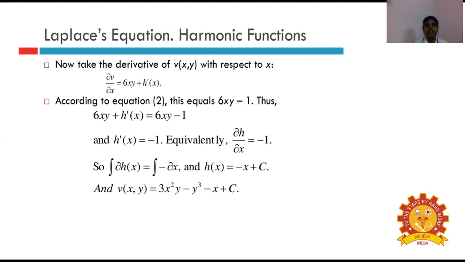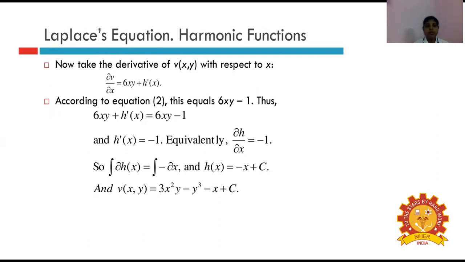Now take the derivative of v(x, y) with respect to x: ∂v/∂x = 6xy + h'(x). According to equation 2, this equals 6xy - 1.